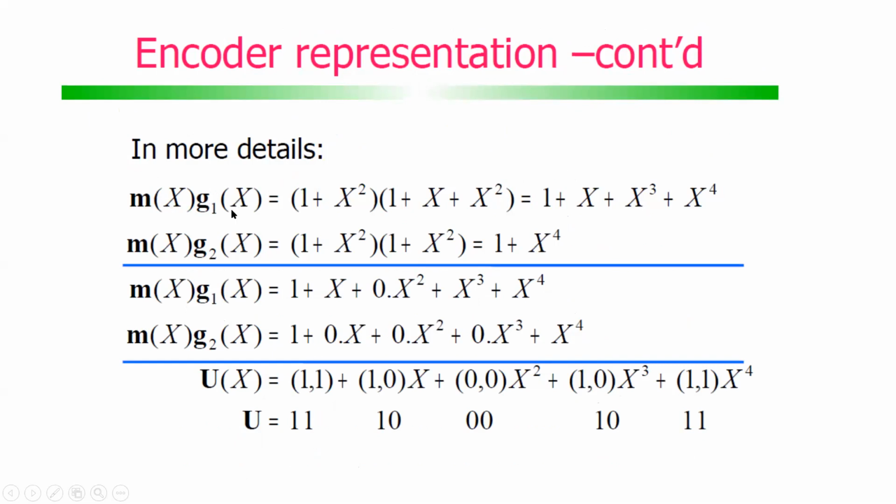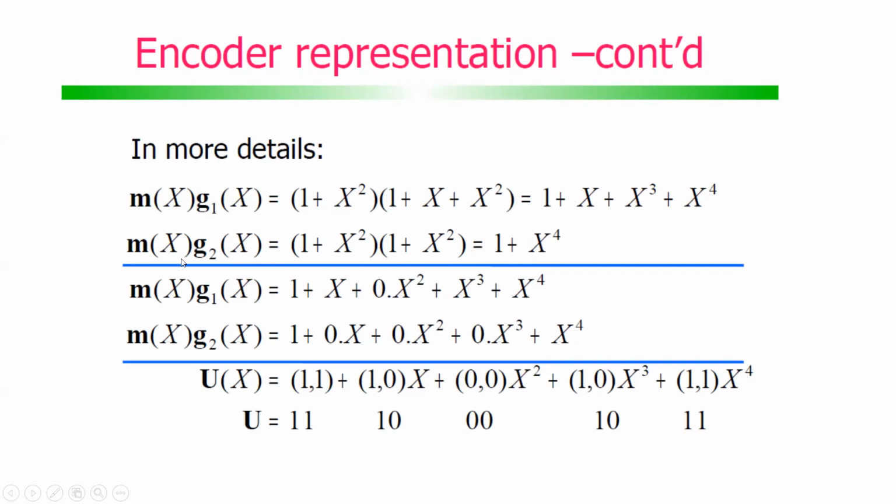All right. So this is the same representation. This is the message bit, and this is the generator polynomial G1(x). What is the message vector I am using? 1 0 1. In the polynomial representation, I can write 1 0 1 as 1 plus x square. And G1(x) is 1 plus x plus x square. If you multiply these, this will be your multiplication output.